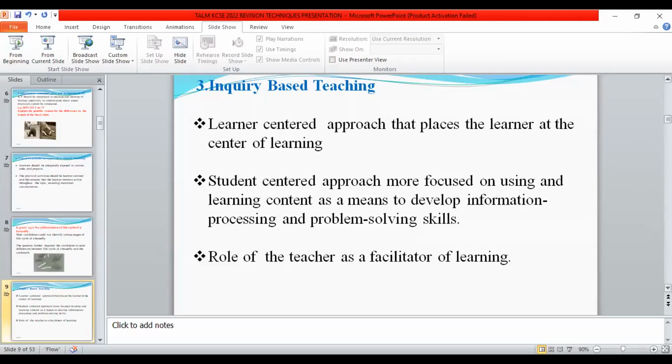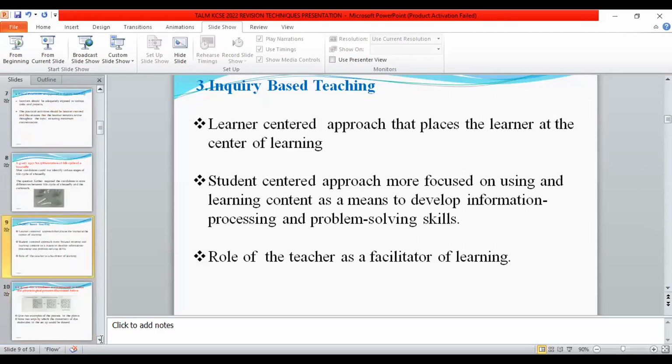Our work is only to facilitate the process of learning, and emphasis is normally laid on how we come to know and less on what we know. What you know is normally emphasized when, for example, you become the master of the knowledge and you assume that the learners are just tabula rasas, something that is not advocated for in inquiry-based learning.